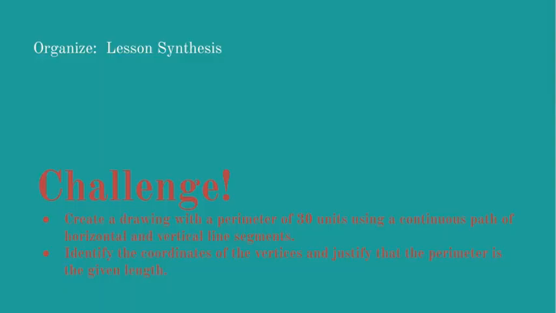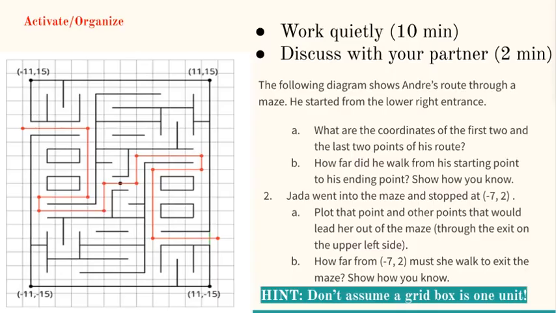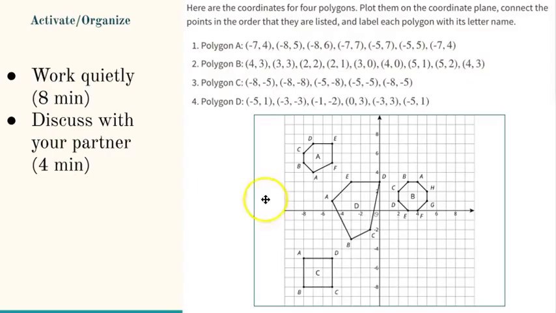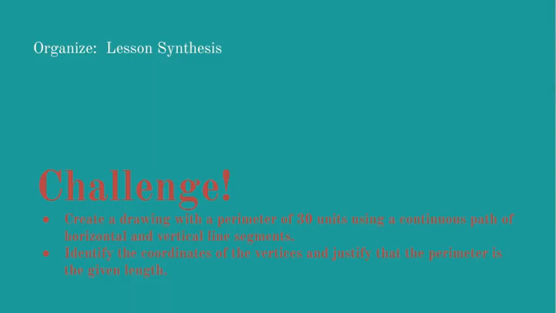All right, so if you can do this challenge, that would be fantastic, and I would love to see a picture of it. Create a drawing with a perimeter of 30 units using a continuous path of horizontal and vertical segments. So kind of like what we did back here, but more like the square here where we've just got vertical and horizontal, so that way it's easy for us to figure that perimeter.